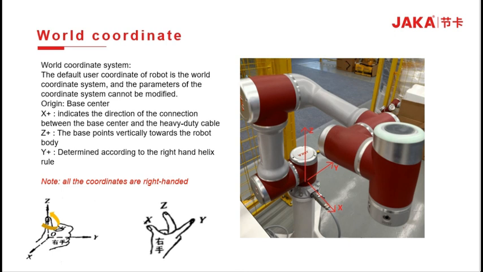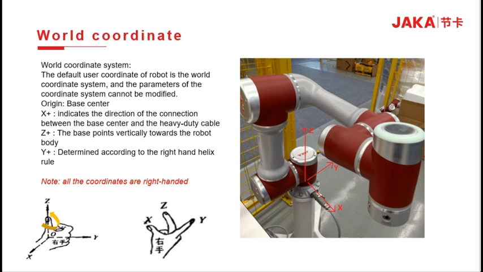The vertical direction of the base, pointing in front of the camera, is the positive direction of the z-axis. And the positive direction of the y-axis of the world coordinate system is determined according to the right-hand spiral rule.